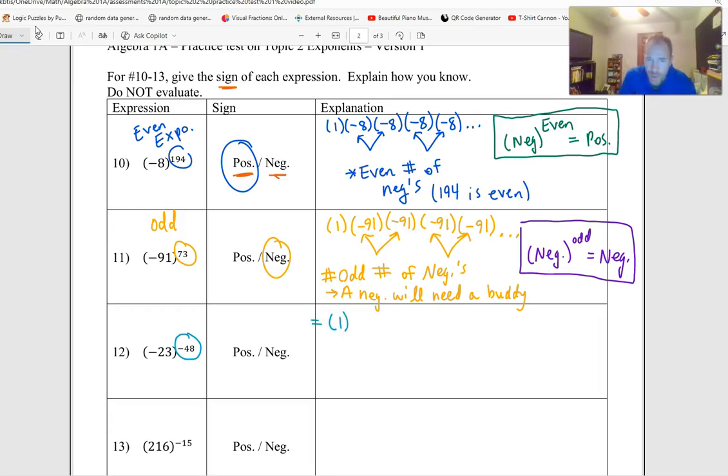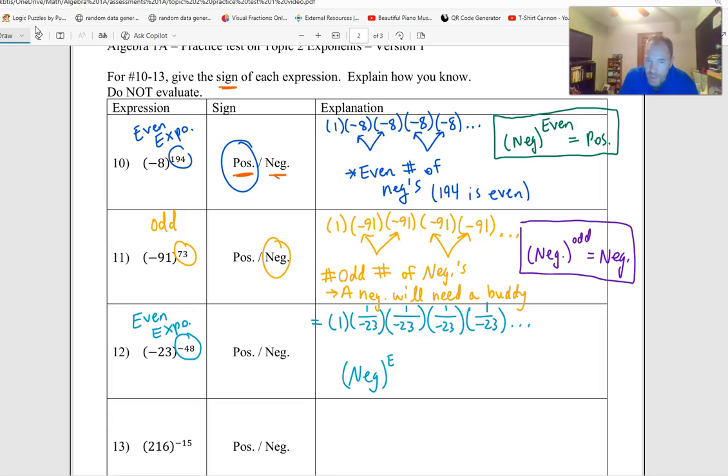I could do the reciprocal here. So multiply by the reciprocal of negative 23. So the negative 48 as the exponent will not show up as a number to operate with. It's that I would do this 48 times. I would do 1 over negative 23, 48 times. So it boils down again to it's an even exponent, and we've got a negative base with an even exponent.